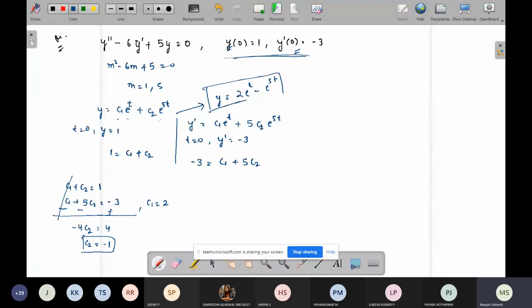See, when the initial conditions are given, you will have a unique solution. If initial conditions are not given, the solution will have an infinite number of solutions. Now we'll solve it by using Laplace transforms. The method is to take the Laplace transform of both the sides.